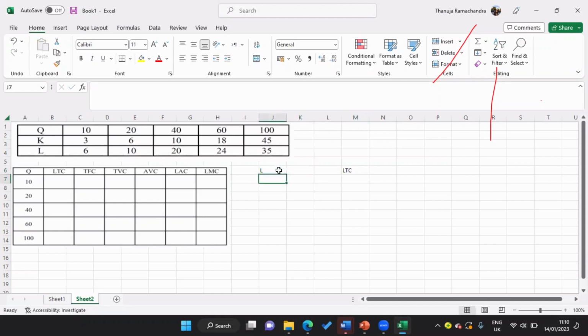L, K, also Q we have to put. Q is 10, 20, 40, 60, 100. And the L: 6, 10, 20, 24, 35.